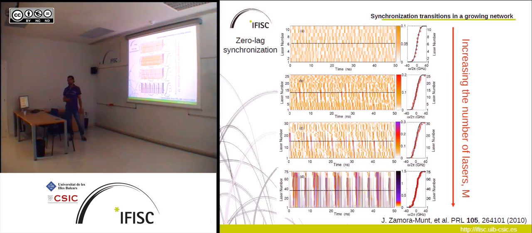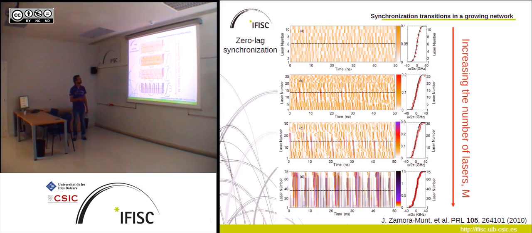So what happens if we increase the number of lasers in the star? For example, when we put 25 lasers in the star, we can see that some clusters of synchronized lasers appear. As you can see, there are some lasers that become more synchronized than the others.